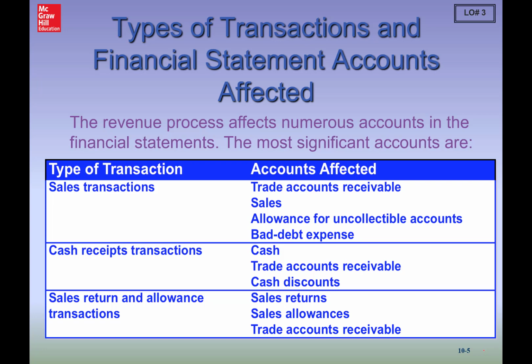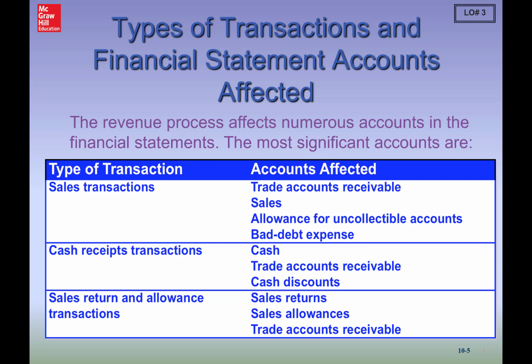If it's a credit sale, then we're going to have to come up with an allowance for our uncollectible receivables. When we come up with the allowance, we will have a bad debt expense associated with it, right? What's the journal entry for our estimate of our bad debt?